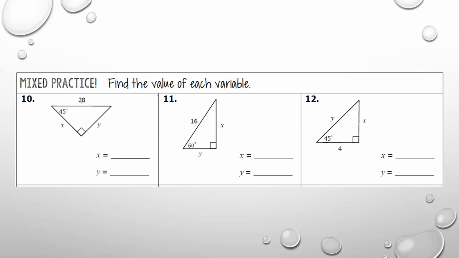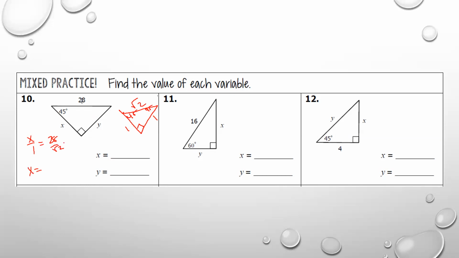If you said it's a 45, 45, 90, you're correct. And so next to it, I'm going to draw my most basic 45, 45, 90 as best I can. The legs are in the ratio of 1 to 1, and the hypotenuse is root 2. So now I can say x over 1 equals 28 over root 2. This is one where we're going to have to rationalize the denominator.